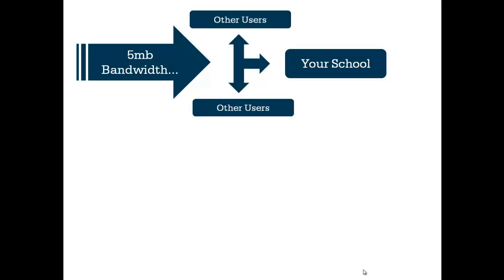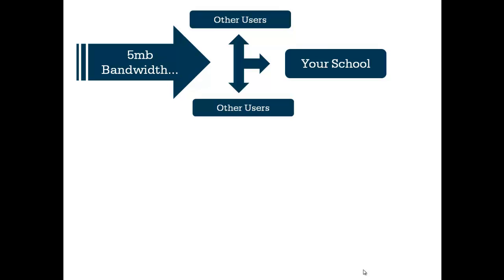So let's just say, for example, your school has 5 meg of bandwidth coming in from your ISP. Now, what you actually receive may not be 5 meg, because the 5 meg that leaves your internet service provider may be tapped into by other people before it reaches you. And bandwidth works a bit like water pressure. If you have one pipeline leading to one tap, you'll always have good water pressure.